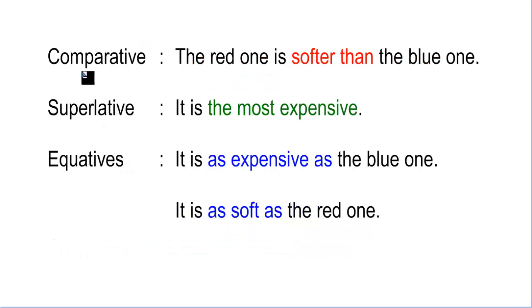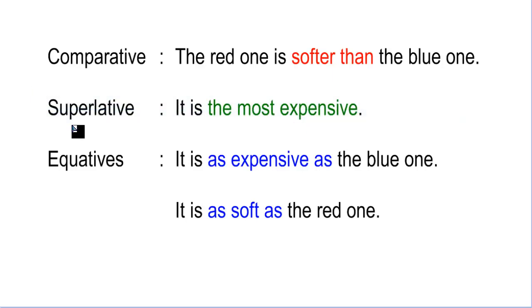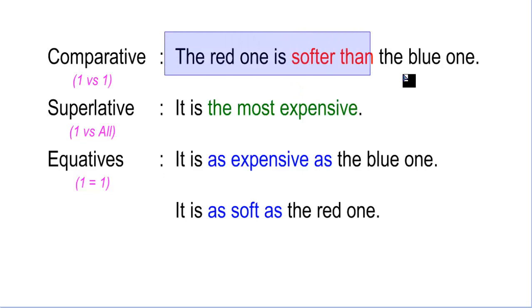So it's important to remember comparatives, superlatives, and the new thing, equatives. Remember, please, that when we use comparatives, the difference is one versus one. For example, the red one is softer than the blue one. And also remember that the way to write the comparative is usually with ER.